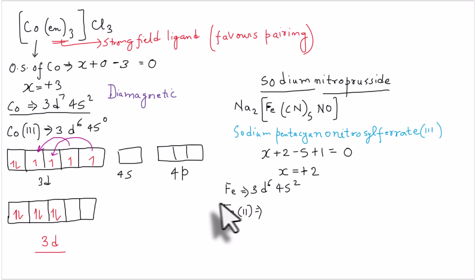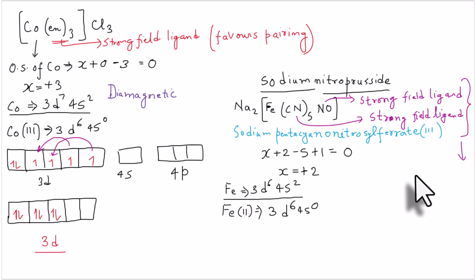The valence electronic configuration of iron is 3d6 4s2, and in the plus 2 state it becomes 3d6 4s0. Now what kind of ligands are coordinated with this iron? Cyano is a strong field ligand and nitrosyl is also a strong field ligand, and that is why pairing of d electrons is favored for this complex.